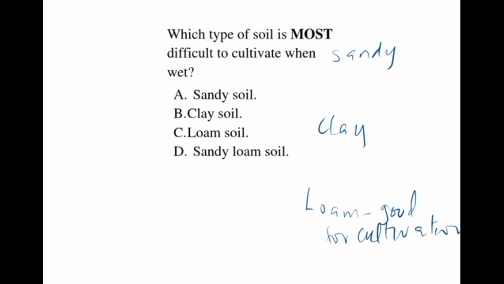It is good because it has humus. Also, it has medium capillarity and drainage since it's a mixture of clay and sand. Then when it comes to clay soil, it is sticky when wet. It gets waterlogged.